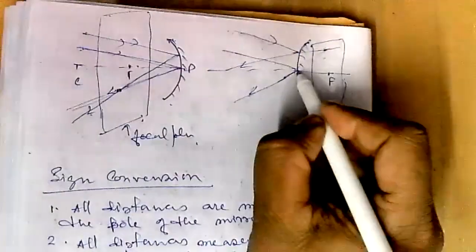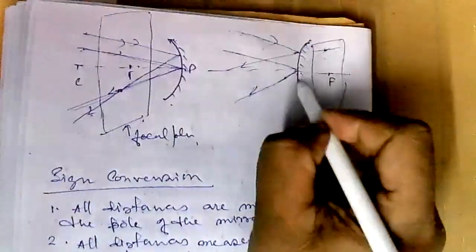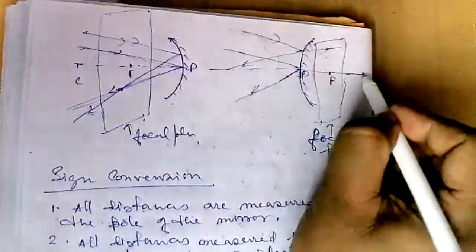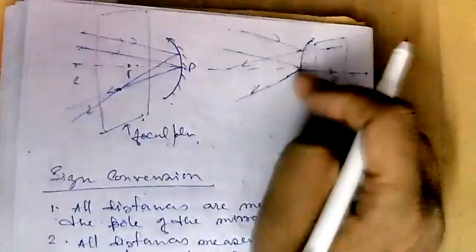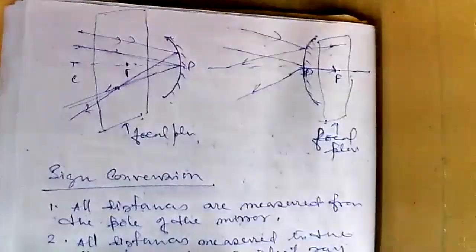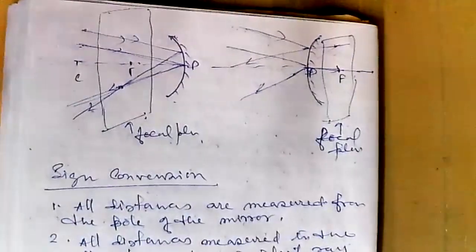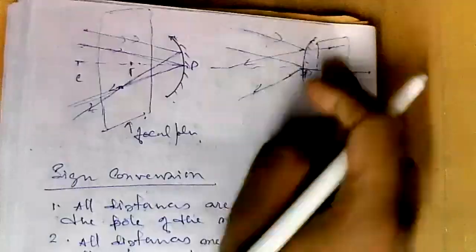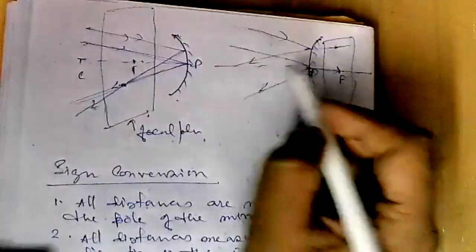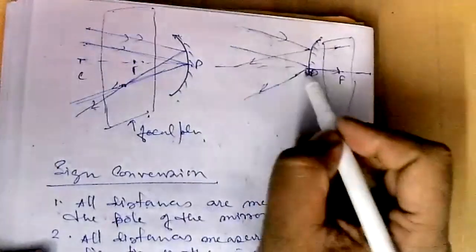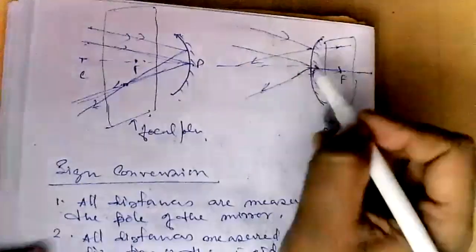That means in case of a concave mirror, when you measure the focal length or the radius of curvature, you are measuring from P in this direction. So it is in the direction of the incident ray. So these are positive. You don't care whether it is behind the mirror or in the front side of the mirror. Just see what is the direction of the incident ray and what is the direction of your measurement. If they are the same, then your distances are positive.